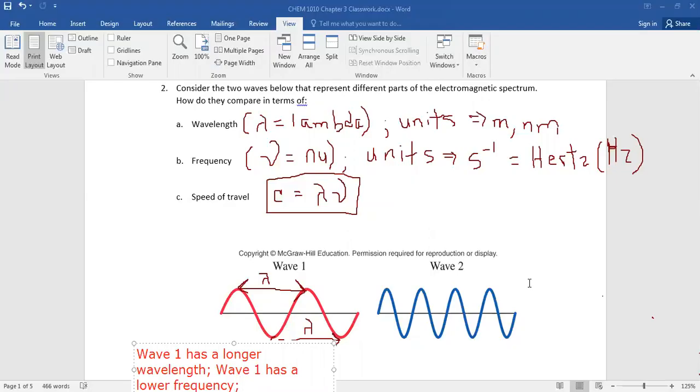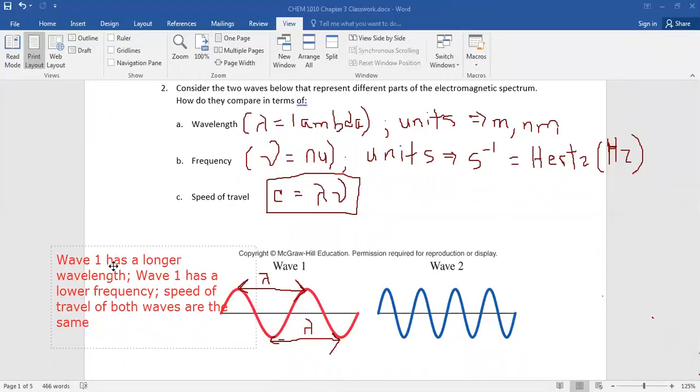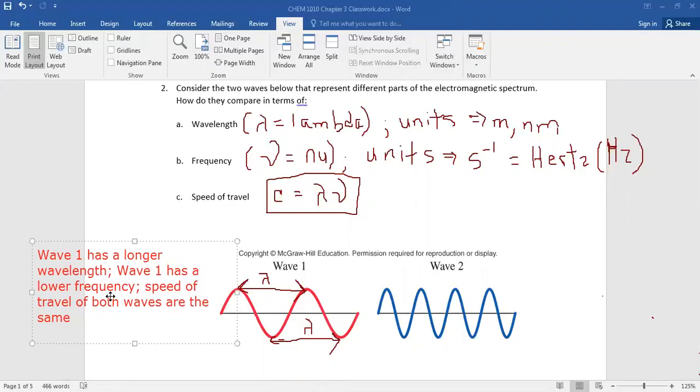However, the speed of travel of both waves are the same. So again, wave 1 has longer wavelength. Its wavelength is about twice that of wave 2.